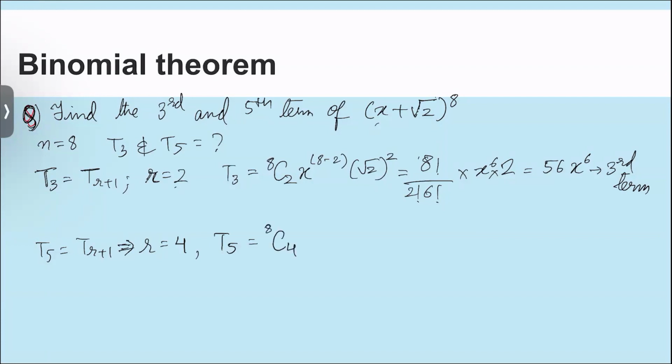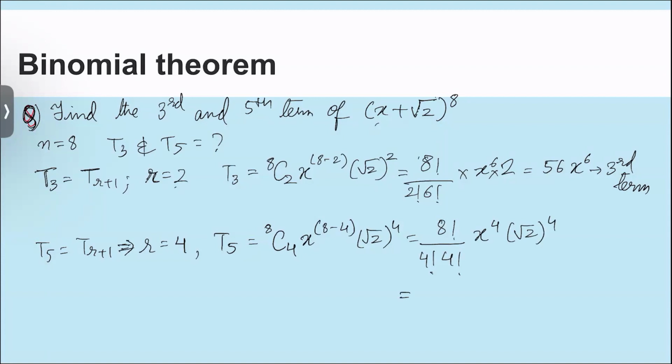Then you write this as x raised to n minus r, so 8 minus 4, and b raised to r, so you have 4 over here. What you get is 8 factorial upon 4 factorial, 4 factorial, x raised to 4 and root 2 raised to 4.